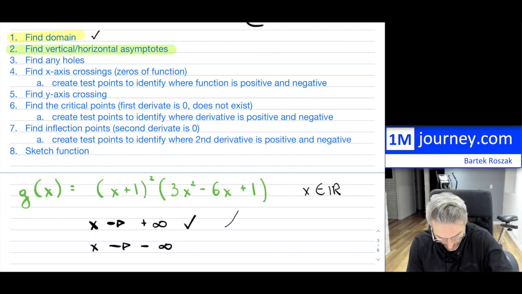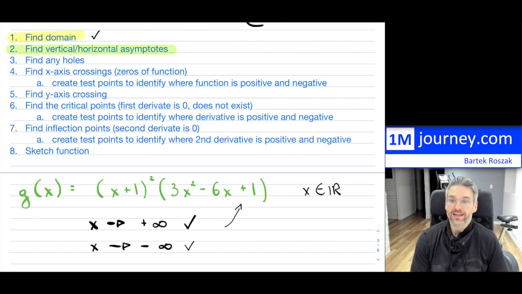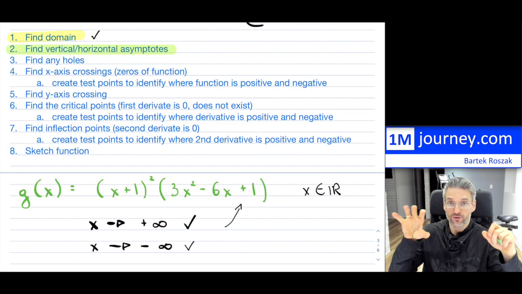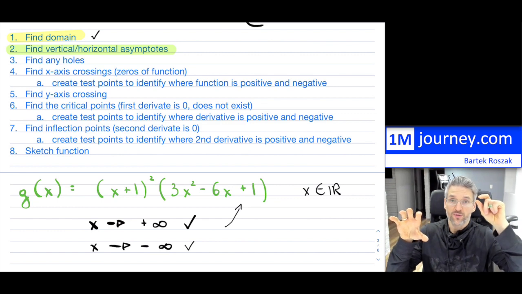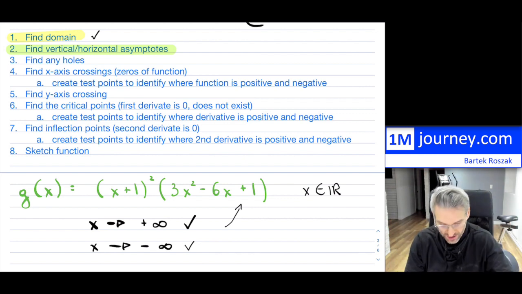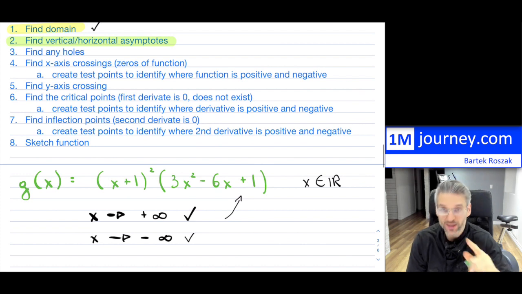On the negative side, since we have a degree 4 function, if you expanded this, your leading term would have been 3x to the 4. If you substitute negative numbers into x to the 4, it's always going to be positive. So in both instances, this function is going to be blowing up to infinity.